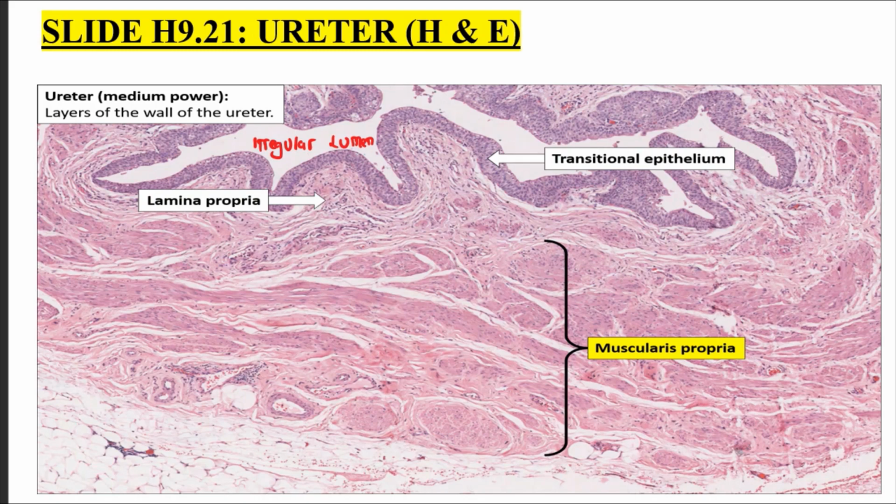So this is the inner longitudinal muscles. And then these are the outer circular muscles. Two muscle layers. And then under it here, rather, you have the adventitia.